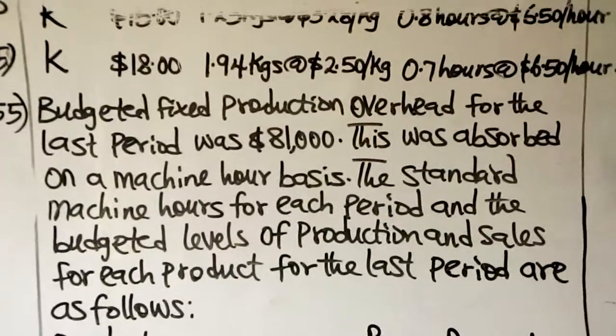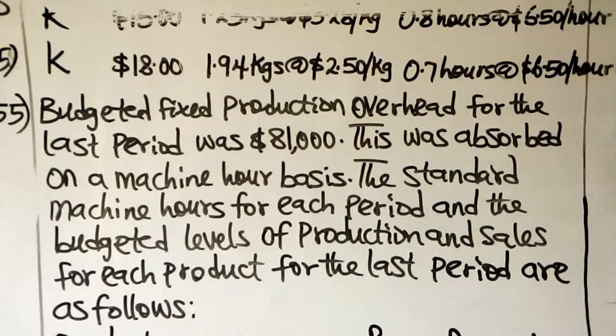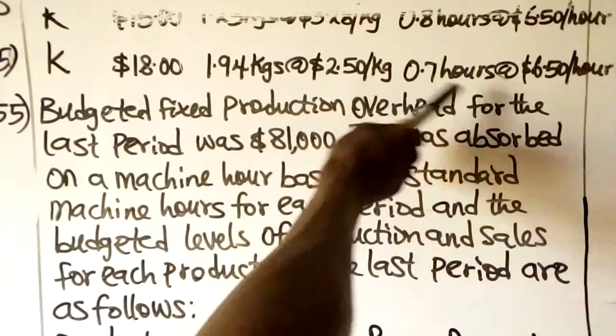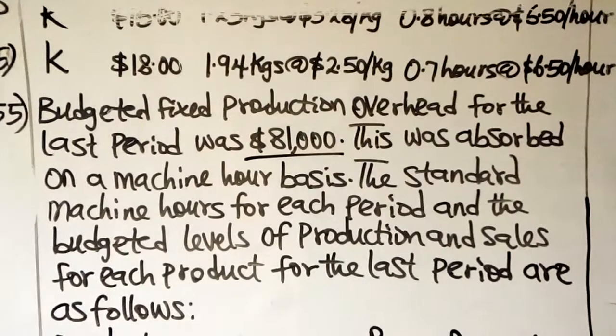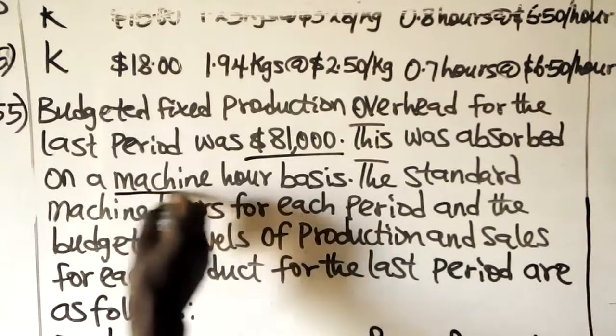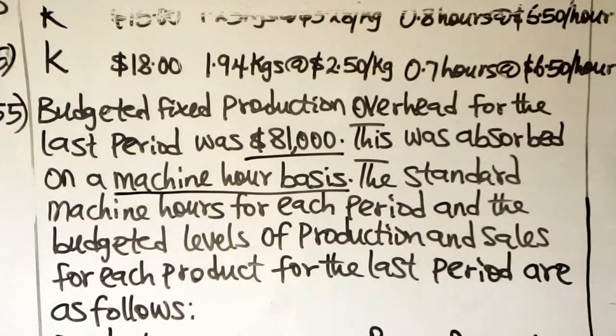So now let's go back to where we have information about fixed cost. Budgeted fixed production overheads for the last period was $81,000. This is budgeted fixed cost. It was absorbed on machine hour basis. That means you will need to compute the machine hourly rate. Remember that overhead absorption rate is budgeted overheads over budgeted level of activity.